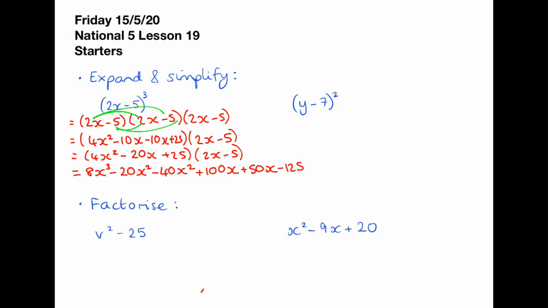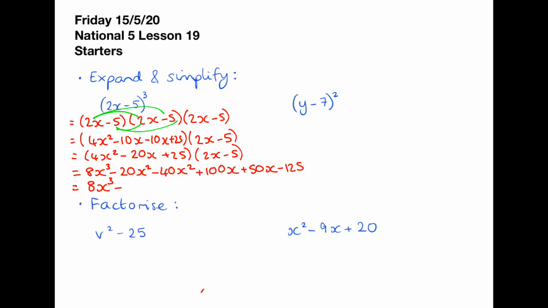Okay, so when you're multiplying a bracket with 3 terms by a bracket with 2 terms, you get 3 times 2, which is 6 terms. Look, 1, 2, 3, 4, 5, 6. Okay, so simplifying, we do it in descending powers of x. So that means the highest power of x first is our x cubed. Then we've got our x squared, so we've got minus 20x squared here and minus 40x squared here.